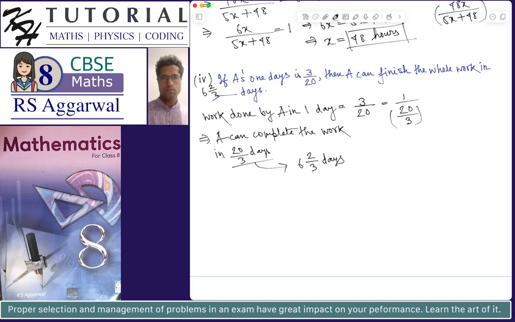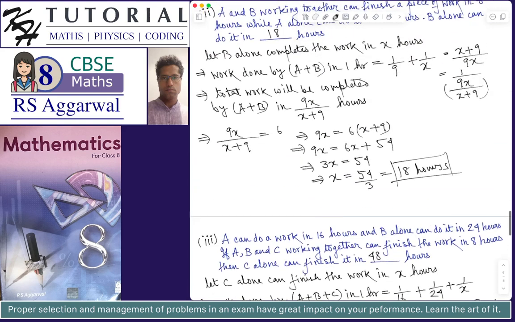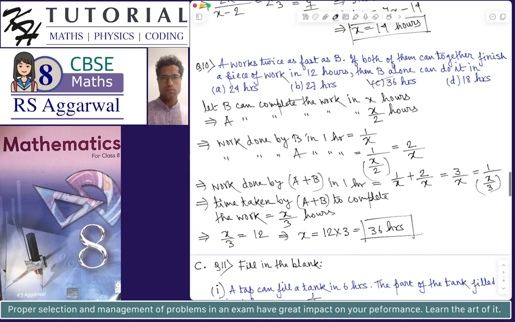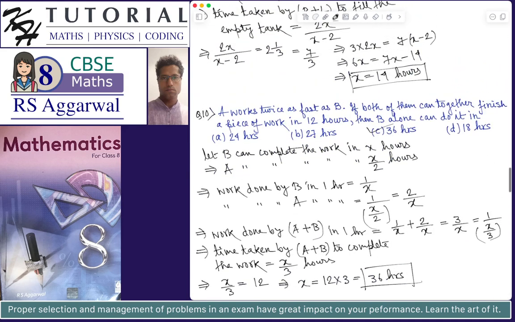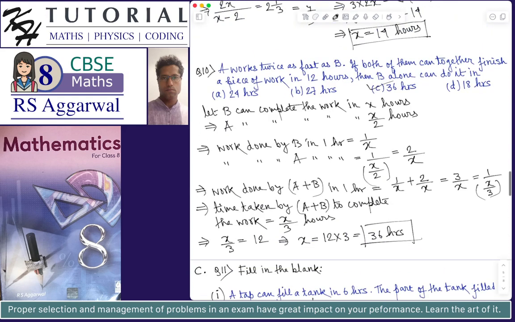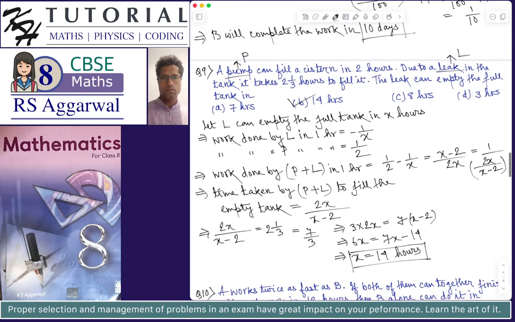All the questions were pretty straightforward. Questions 1 and 2 were a little conceptual, where the concept to be understood was that A works twice as fast as B, and another one was a leak in a tank or a leak in a pump.